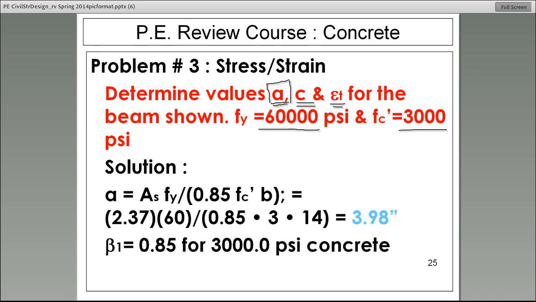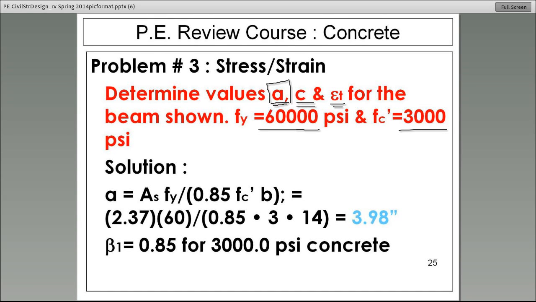Next, big T. What is that? It is always equal to A S, the total area of the steel, times F Y, the yield of the steel. The next thing that you do is set big C equal to big T. And that, guys, is exactly what I have here.